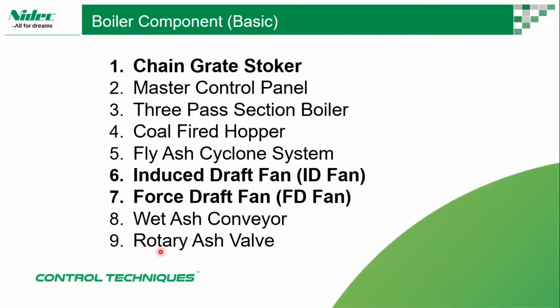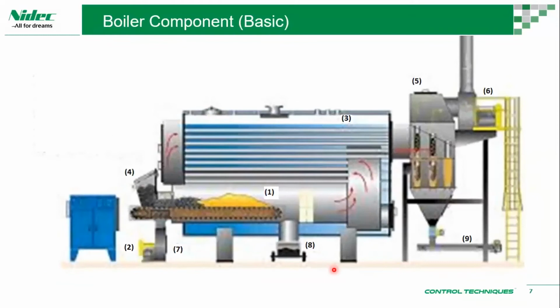And then we have the rotary ash valve in this area. If you remember the cyclone system, we have a lot of water here after the spraying process. This water goes to the waste process, or we can do water treatment, like filtering, then spray it back inside the cyclone.